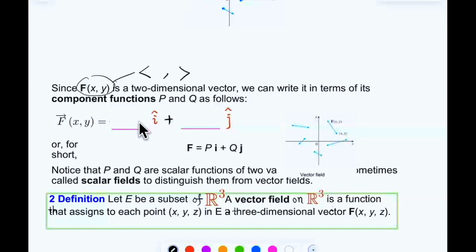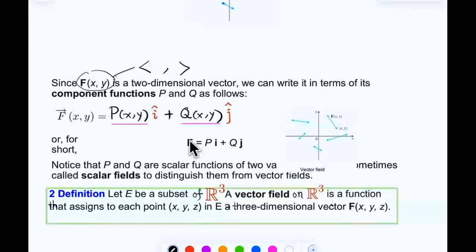Along the i direction, we have this function P of x, y, and along the j direction, Q of x, y. This vector field is equal to P i plus Q j.